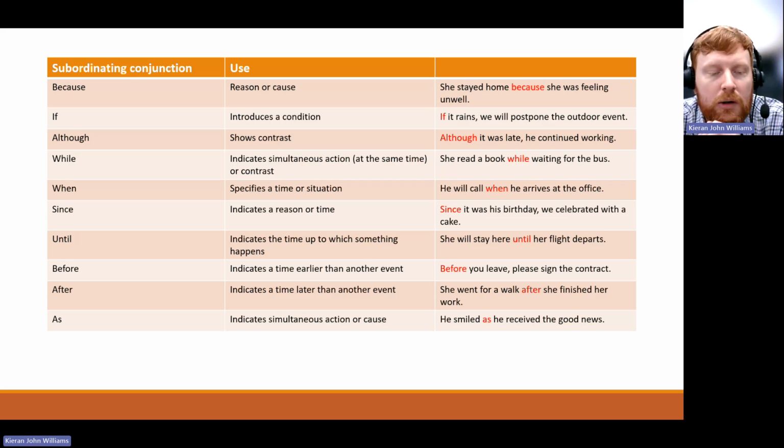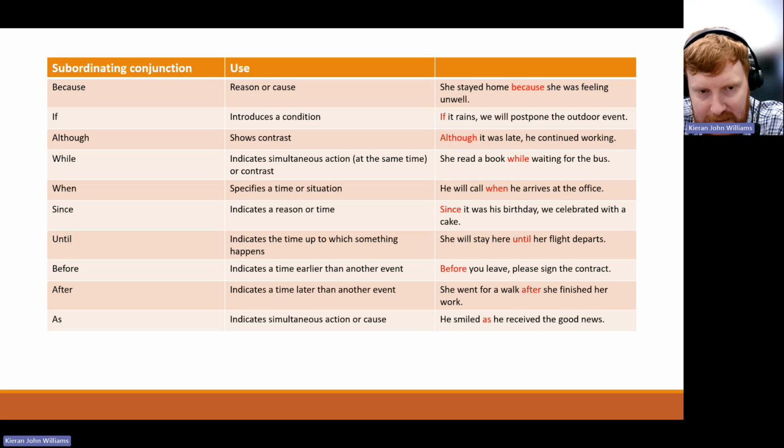While can also give us a contrast, a positive and a negative. While it was late, he continued working, or he continued working while it was late. But while can also talk about when two actions happen at the same time.